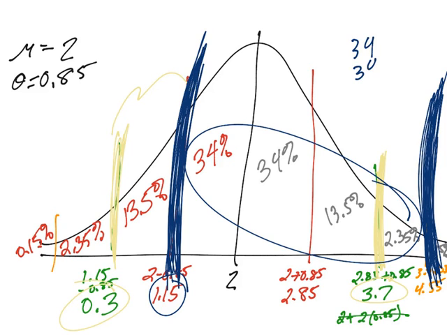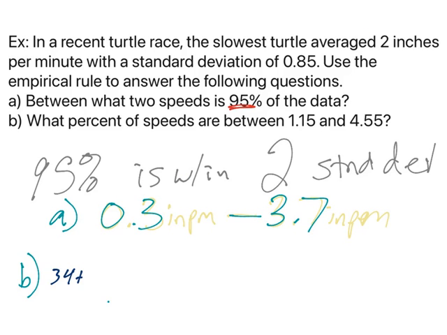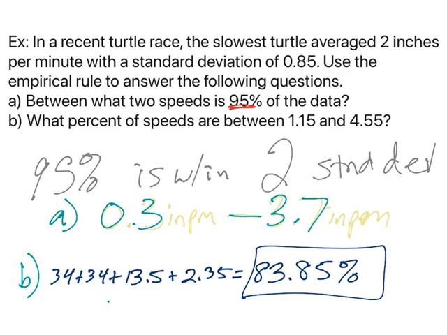So 34, 34, 13.5, and 2.35. And I'm going to add those all together. So 34 plus 34 plus 13.5 plus 2.35 gives me 83.85% of data falls between 1.15 and 4.55.